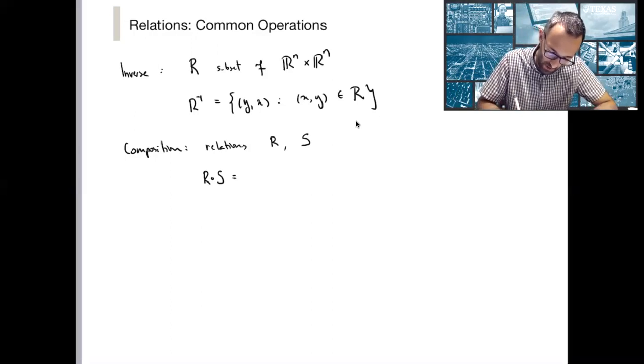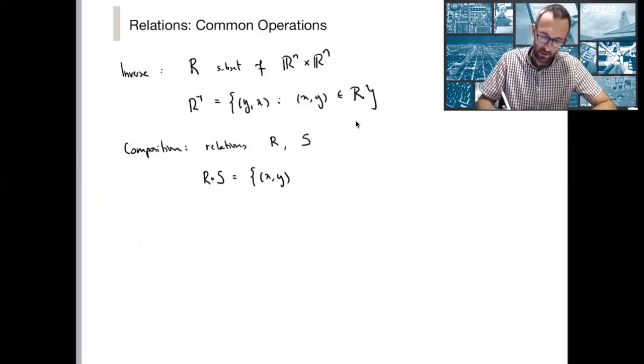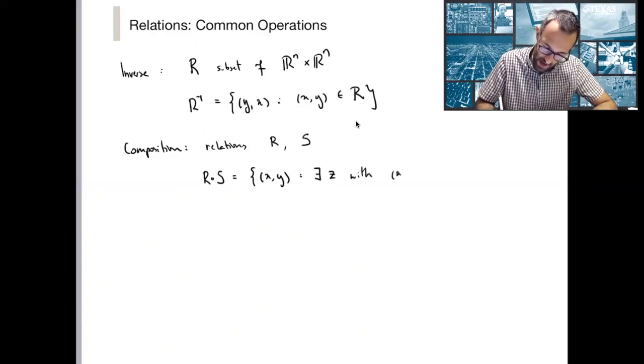So this would be all pairs xy such that there exists a z with xz in S and zy in R.